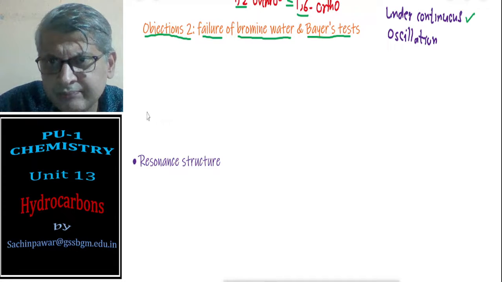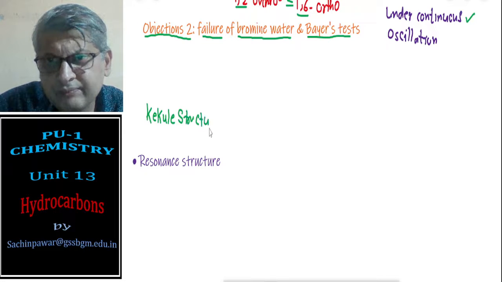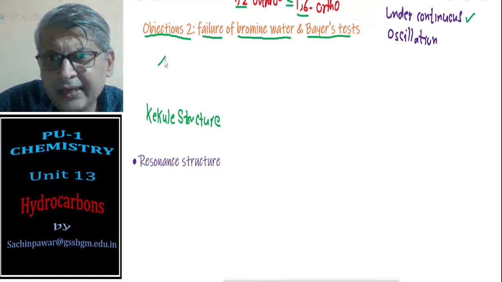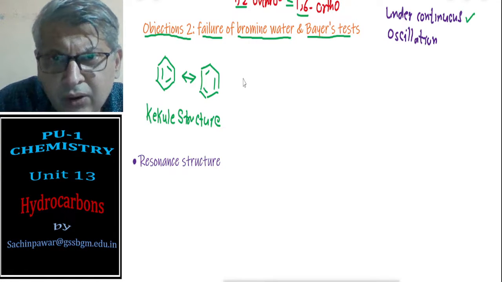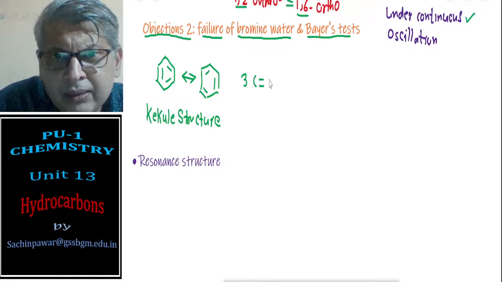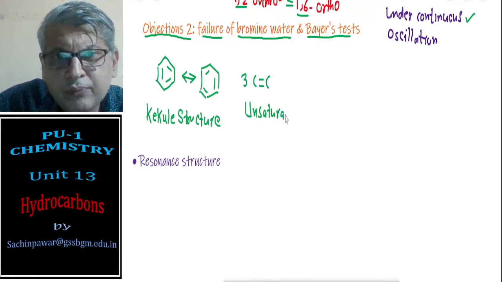Kekulé structure of benzene, either it is this structure or the structure into which it is continuously changing, has 3 carbon-carbon double bonds. That means it should be unsaturated. According to the rules, it should be unsaturated.